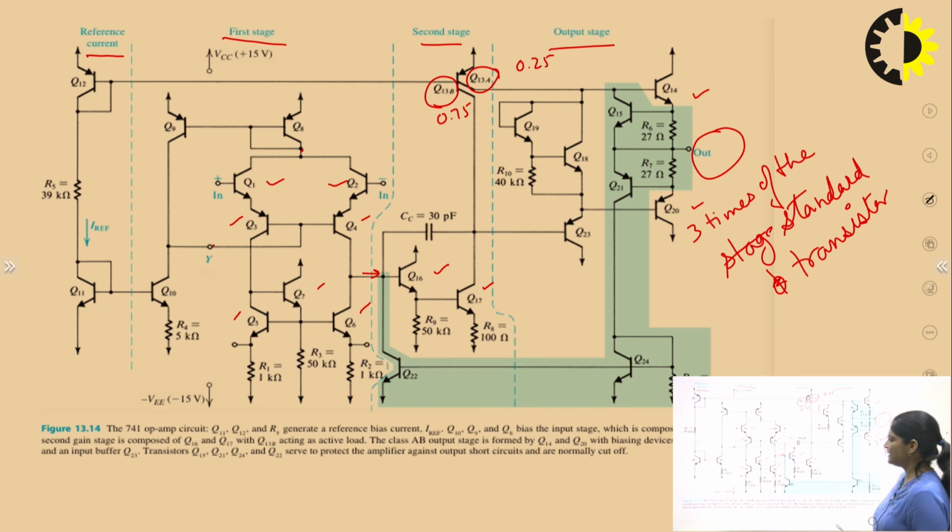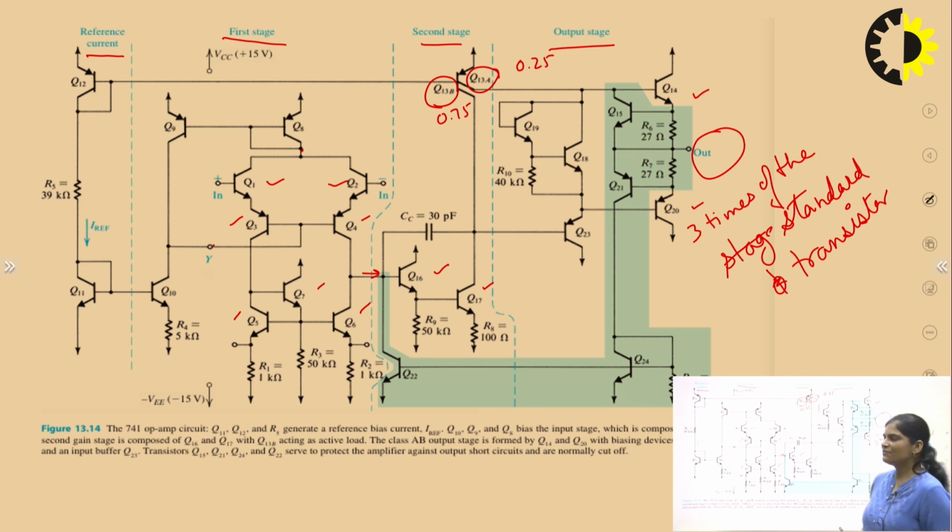So if its area is more, it means transistor's width is more, and transistor width is more, it means large current is provided to this output stage. So this is the internal structure for this operational amplifier.